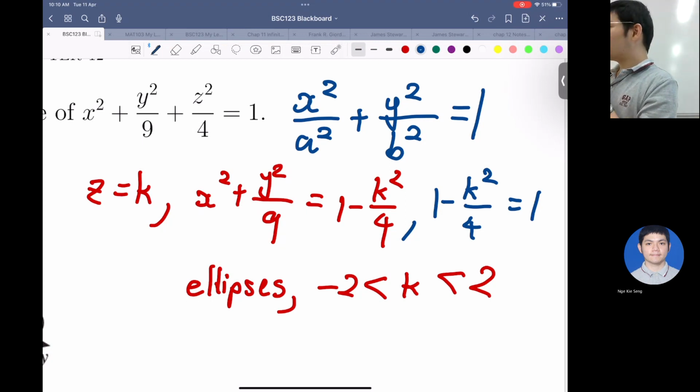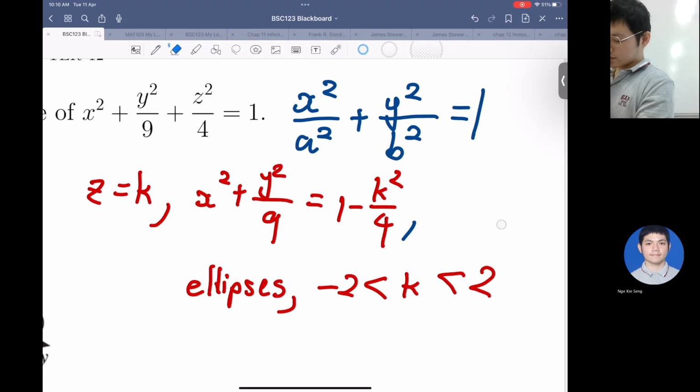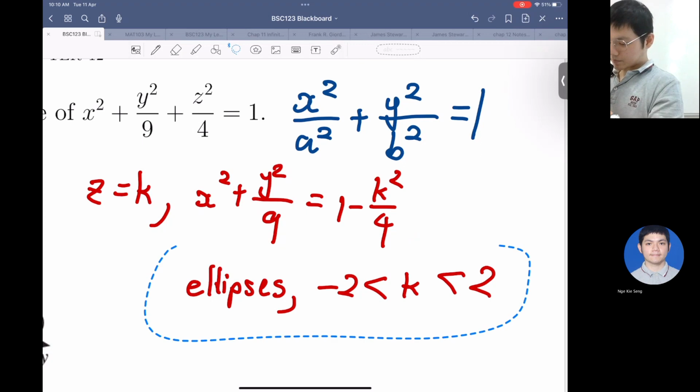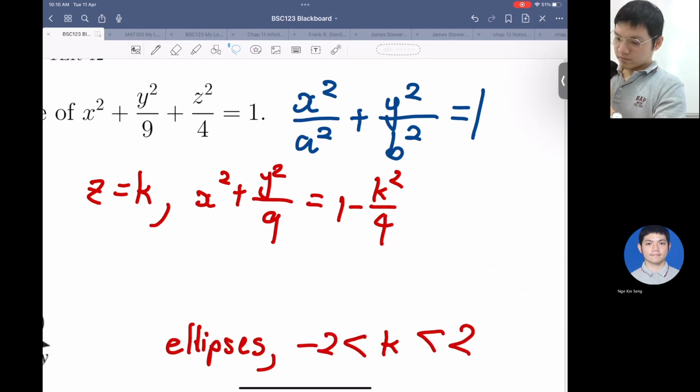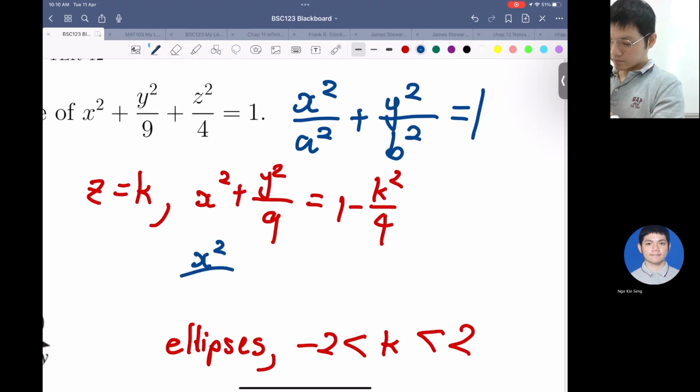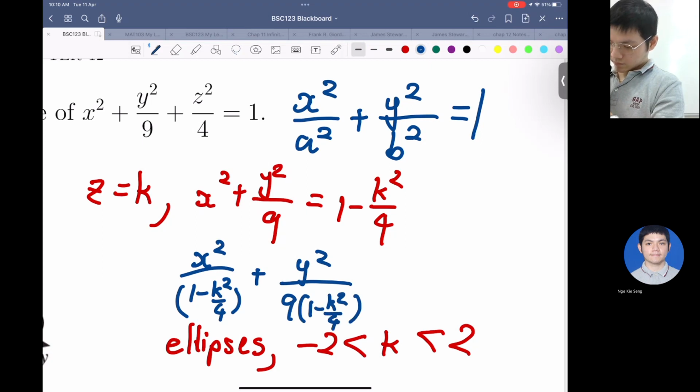Why divide? Oh, I get what you mean, you mean this, right? Equal to 1. Yeah, makes sense.